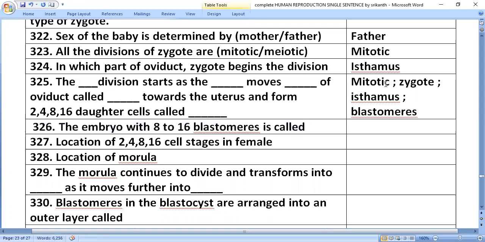An embryo with 8 to 16 blastomeres is called a morula.